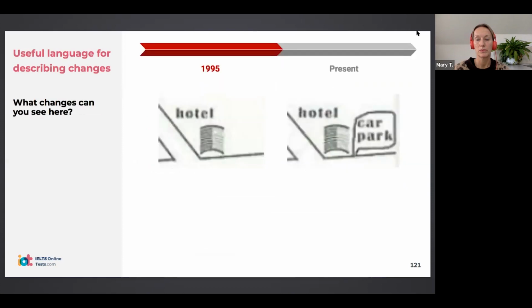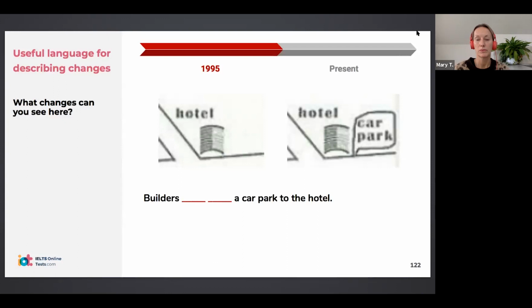Right, so let's just have a look at changes that have occurred. The first one, 1995 and present, what changes can you see here? Car park, yeah, new car park. Okay, so putting that into a sentence. Builders, so think about the verb. Think about the language we've just used before.